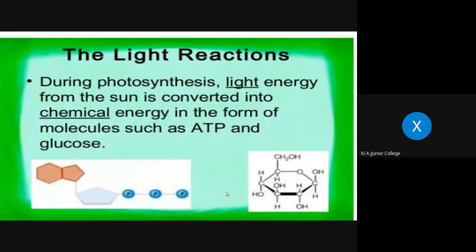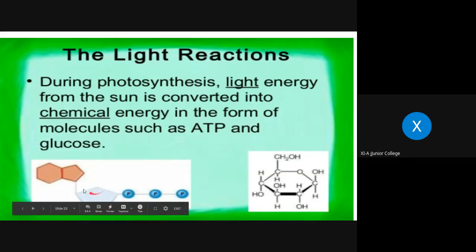So what is ATP? You have learned it in the previous biomolecules. A is adenosine, T is triphosphate. This is adenosine, and these are the triphosphates attached to this sugar molecule. Adenosine triphosphate is the simplest form of energy utilized by organisms.